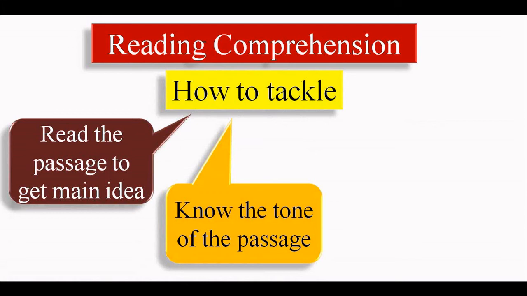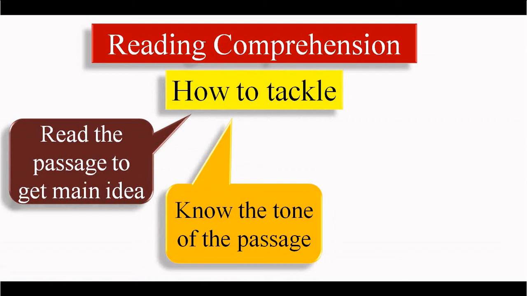Third is criticism. If there is any policy and a policy is written about, and if there is any loophole, the writer wants to discuss that loophole, and that is called criticism, and that's called negative tone. So the reader should understand the tone of the passage.